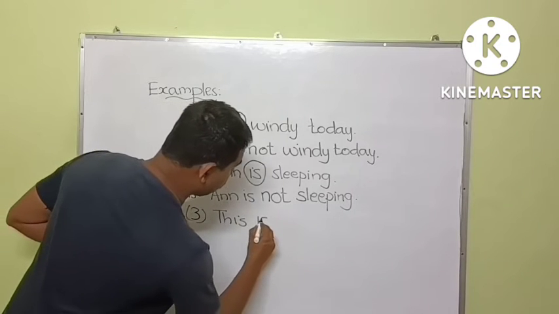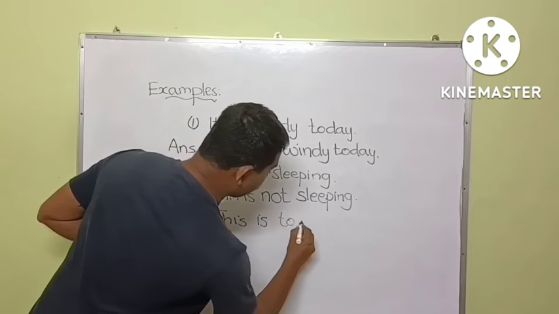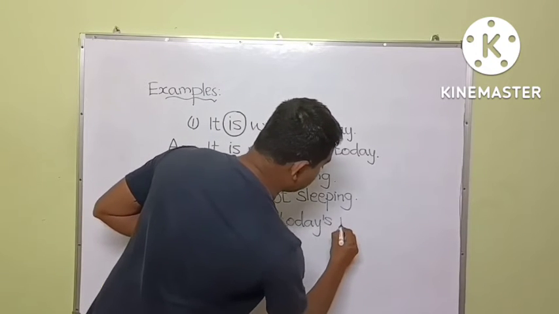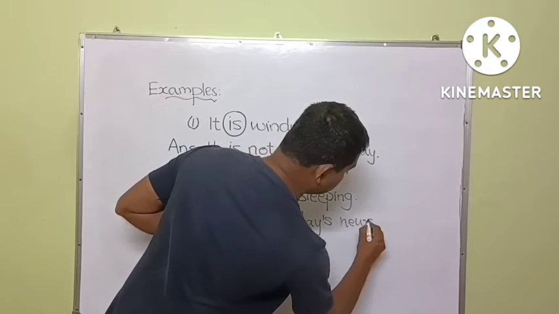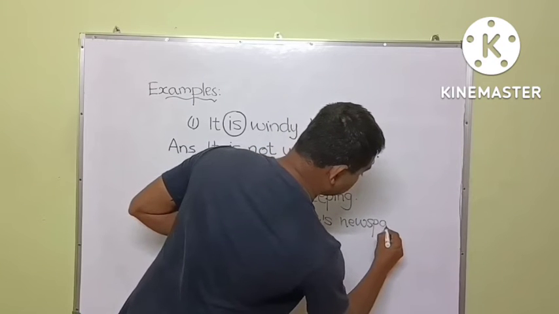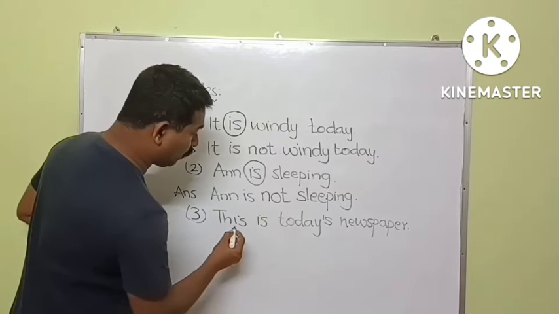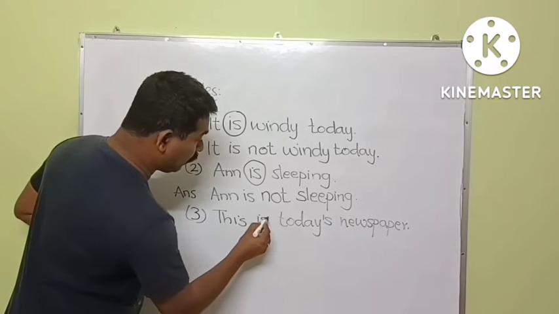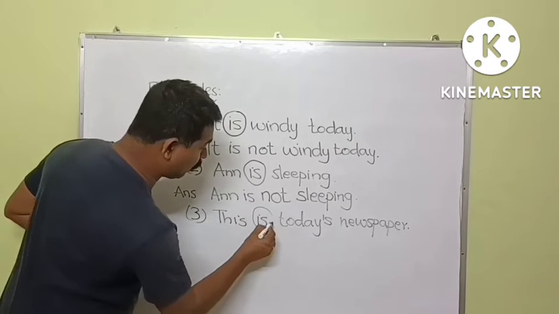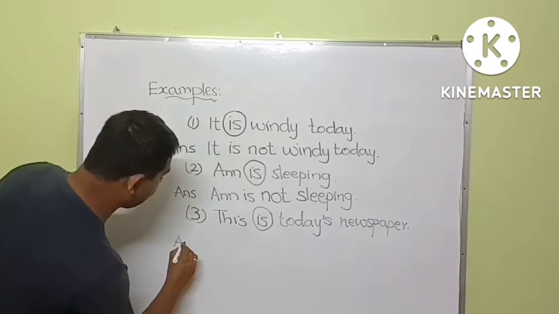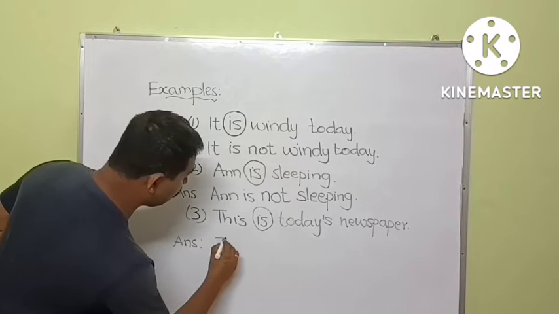This is today's newspaper. Full stop. First of all, round the auxiliary verb is. Okay, then we are going to write the answer.